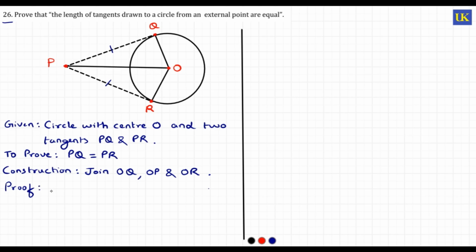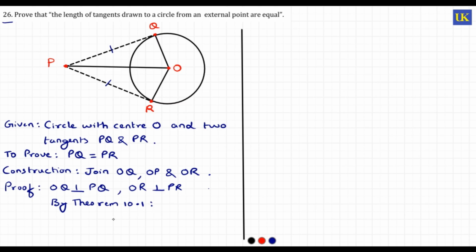Now here, first of all, we will say that OQ is perpendicular on PQ, and we will also say that OR is perpendicular on PR. Why we will say that is because of theorem 10.1.